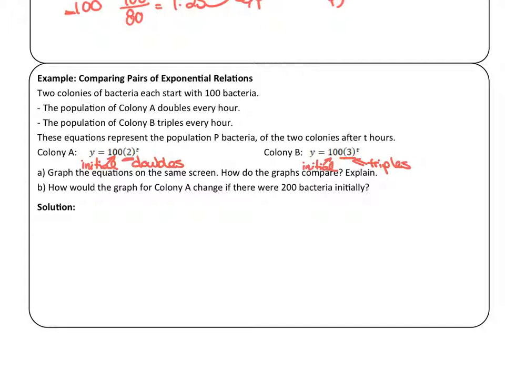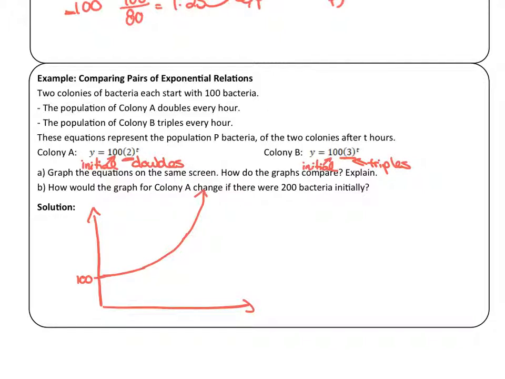So I'm not going to graph it. You guys can graph it in Desmos if you want, but I will tell you what you'll see. So if you were to graph the first one, colony A, that starts here at 100. It goes up kind of slow, and then it will take off.